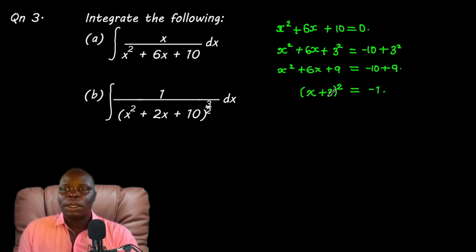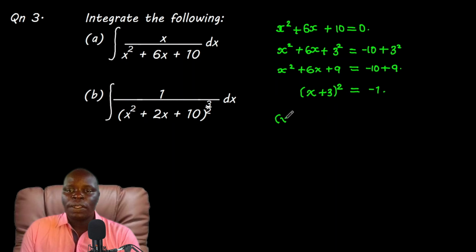Now, after reaching this stage, you realize that we have two terms on either side, so we need to bring them to one side. So let's take this to the other side, and we have our (x plus 3) squared. Now when this negative crosses the equal sign, it changes to positive 1 equals 0.